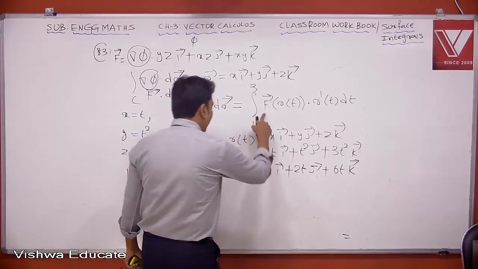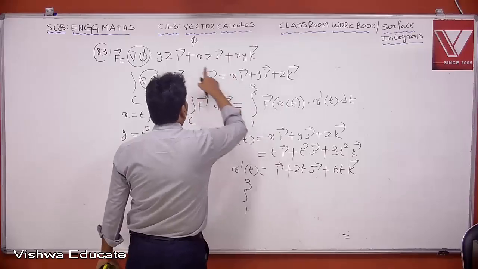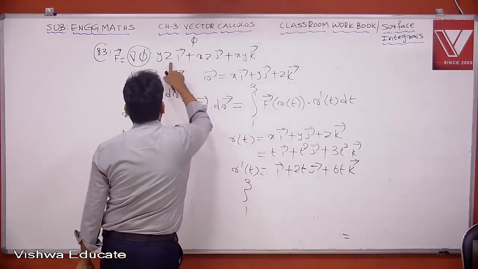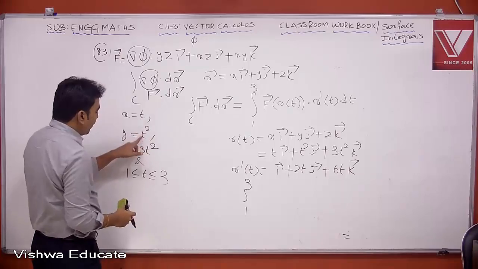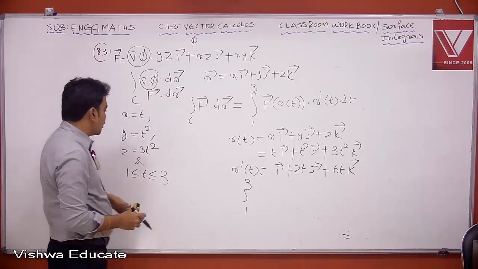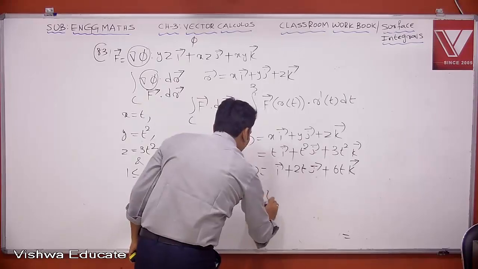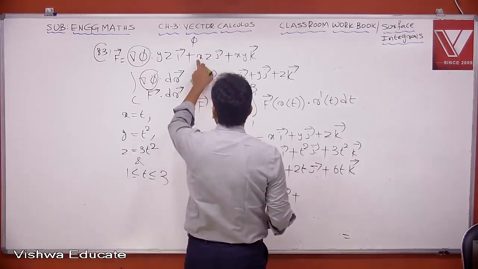Therefore, this integral becomes the integral 1 to 3 of f bar of r of t. So this is yz. Here I call del pi as f bar. Now replace the x value, y value, z value. In this case yz, that is 3t square into t square, 3t power 4, so 3t power 4 i bar plus next one is xz.